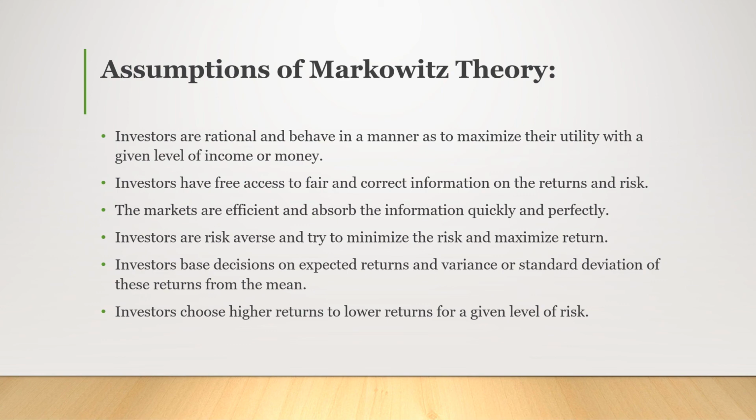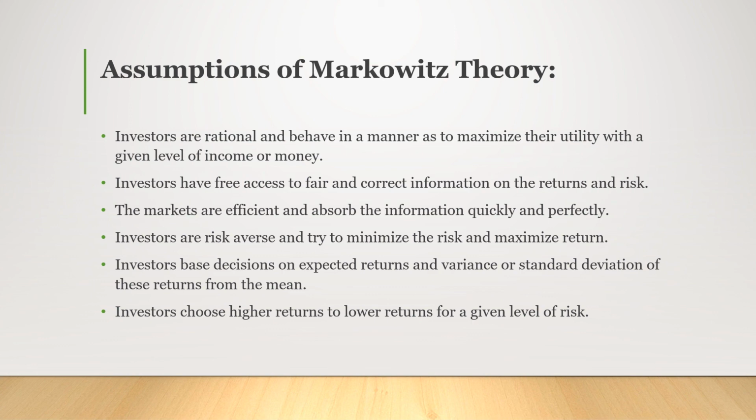Then investors are risk averse and try to minimize the risk and maximize return. So the meaning of risk averse is that the investor does not want to take any risk, even if he is not going to get maximum returns, down to the lowest level or even 0%, as long as he is able to retain his money.